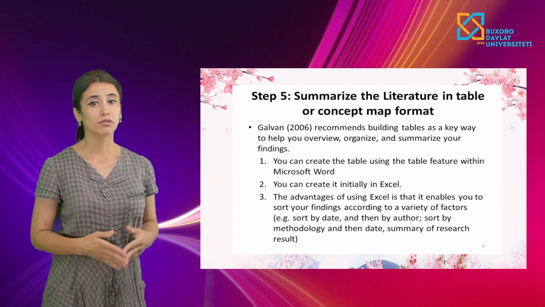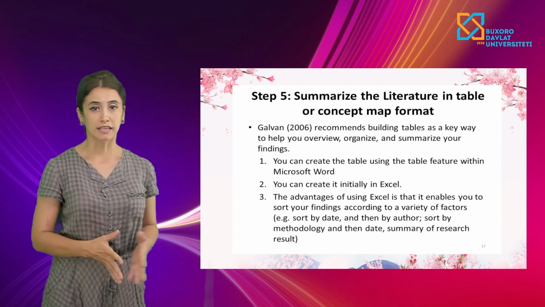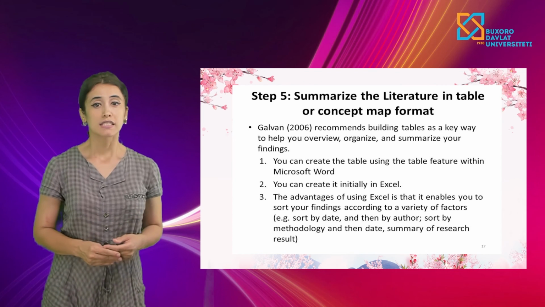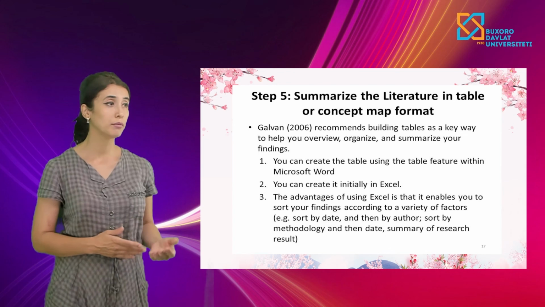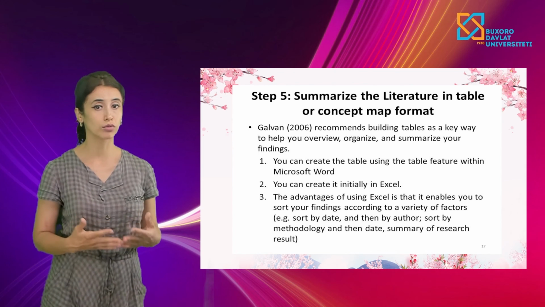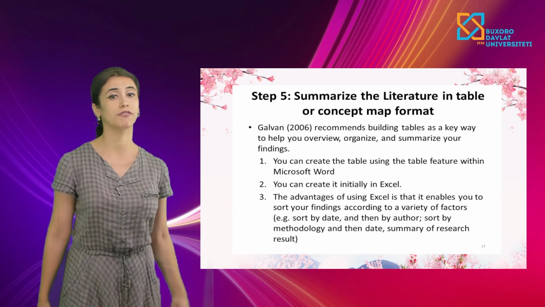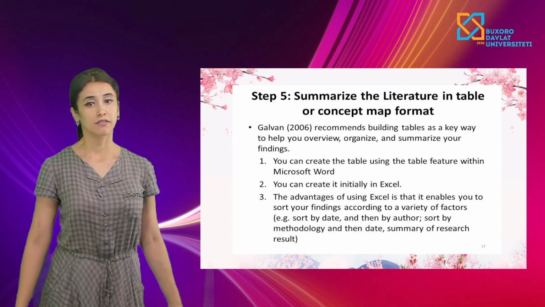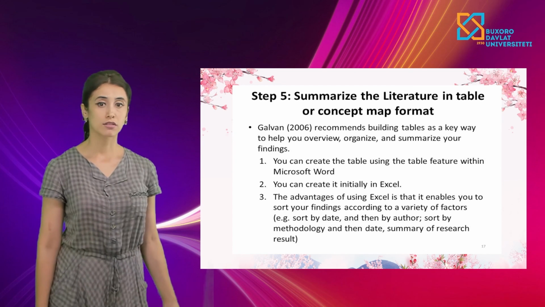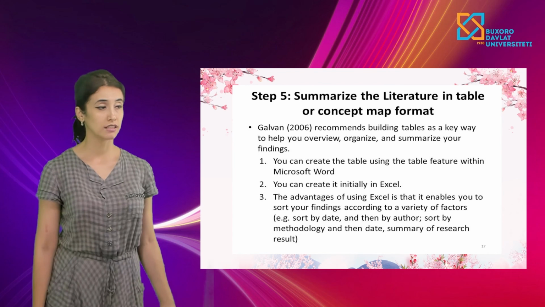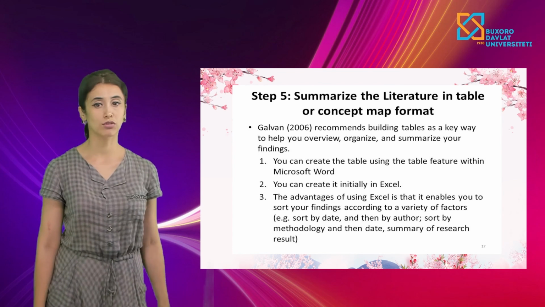The second one, you can create it initially in Excel. The advantage of using Excel is that it enables you to sort your findings according to a variety of factors. For example, sort by date and then by author, sort by methodology, then date, summary of research results.